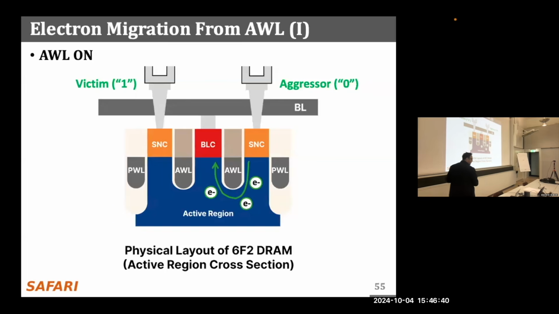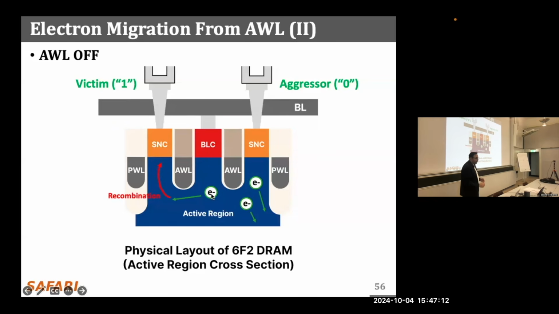So essentially, when you put a high voltage on the victim capacitor and a low voltage on the aggressor capacitor, and you activate this word line, as a result, you have some electrons passing and forming a channel over there, right? Since this is low voltage here and this is high voltage here, there are some electrons moving in this direction.